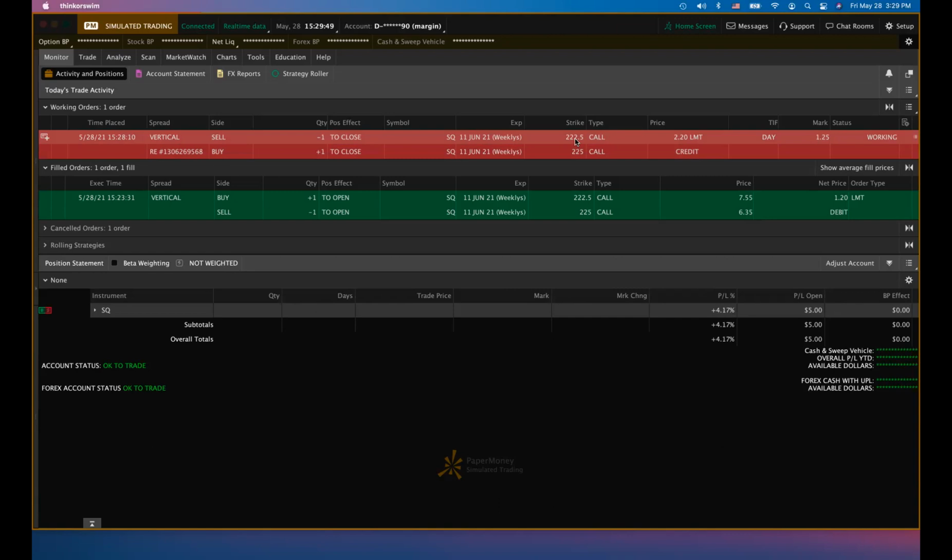So my target price is $2.50 less how much I paid for it, and I paid $1.20. So somewhere in between there would be how much I would receive, right? So I just added $1 to my premium. I paid $1.20, and I'm saying I am going to try and sell it for $2.20. That's why I did a cancel replace on that order.